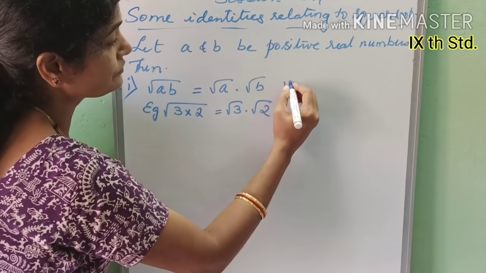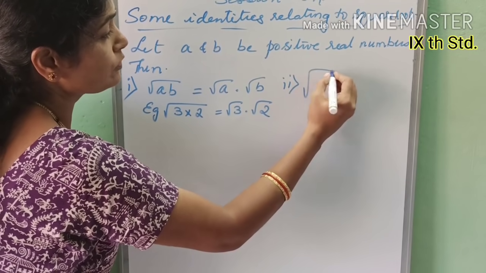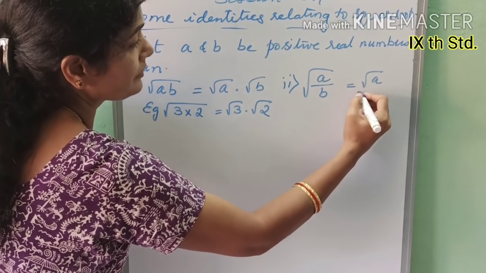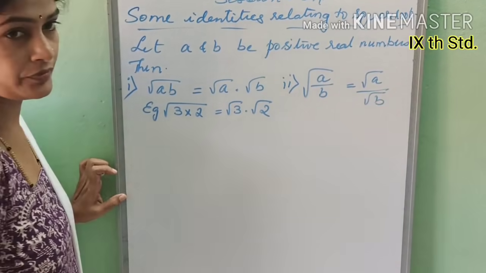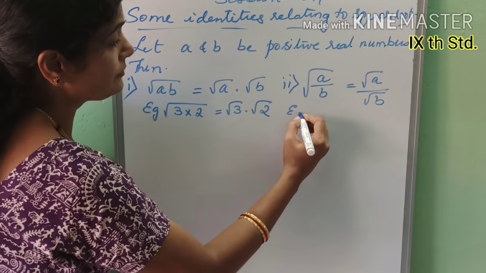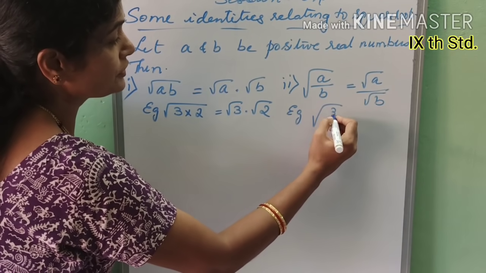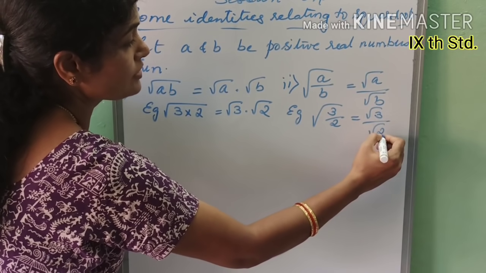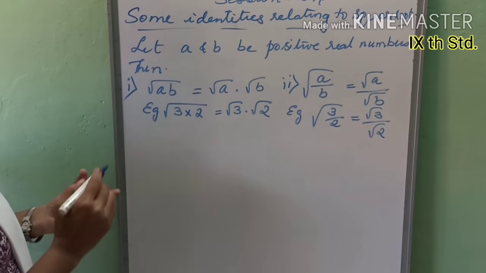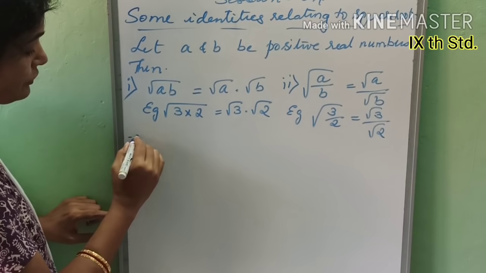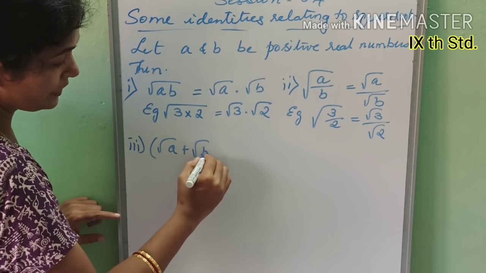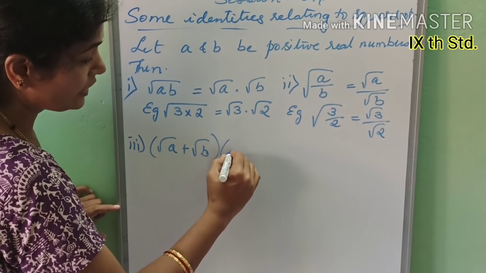Second one: square root of A by B is equal to root A by root B. Like example, square root of 3 by 2 is equal to square root of 3 divided by square root of 2.